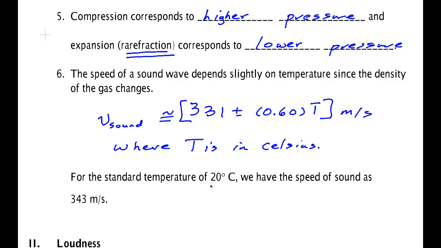So at 20 degrees, which is kind of room temperature, the speed of sound is around 343 meters per second. On most of the sonic rangefinders that one finds in physics labs, there's actually a calibration button to calibrate for the changes in the speed of sound from day to day.